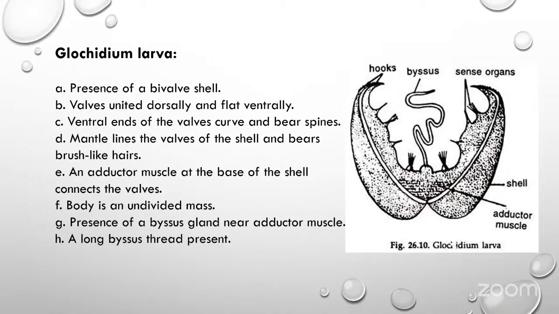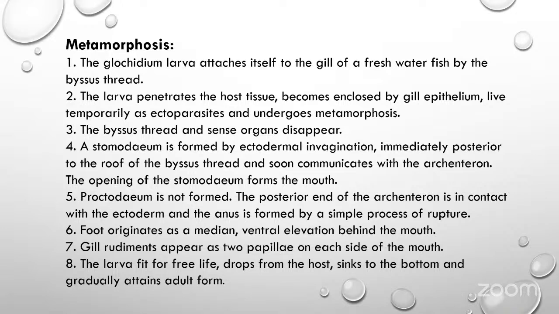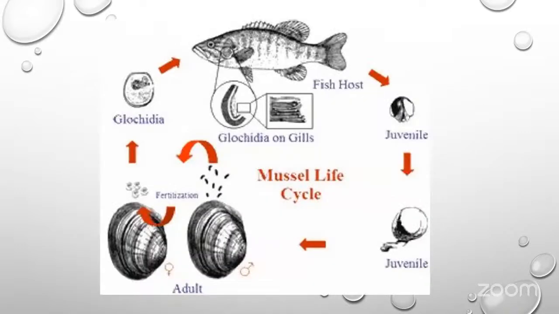These are the spine-like structures on either side. And then we also studied about metamorphosis, how a larva changes into an adult one. And then this is the life cycle of a freshwater mussel.